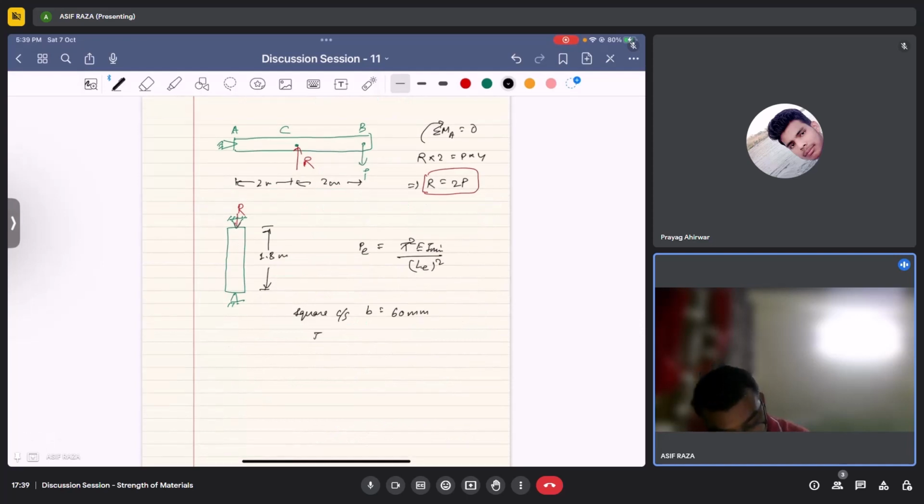My I would be B to the power 4 by 12, that is 60 to the power 4 by 12. This will come around to be 1080,000 millimeter to the power 4.